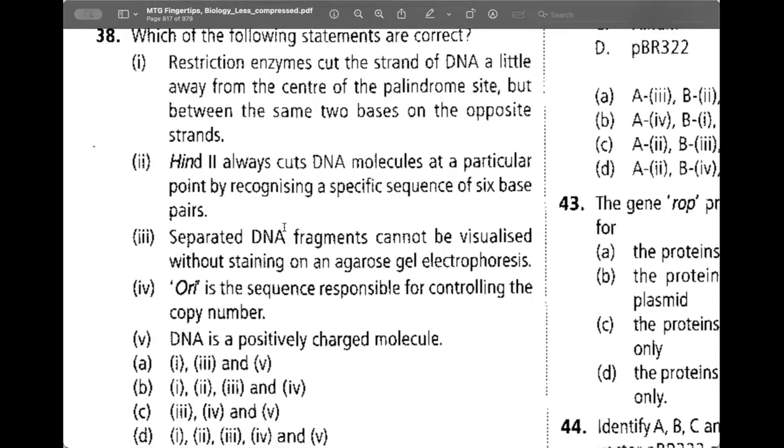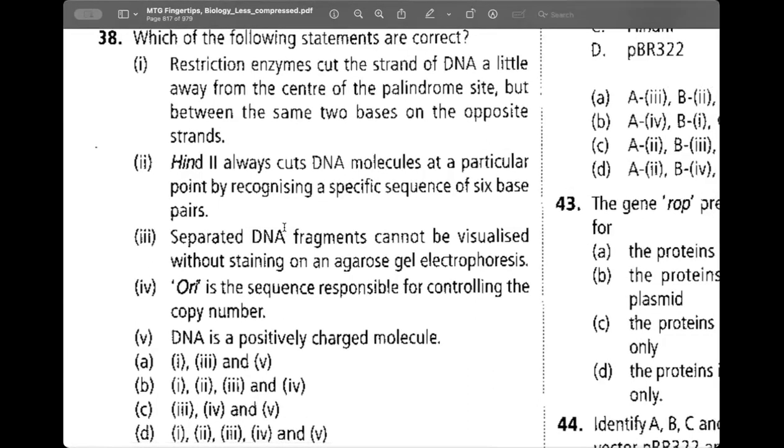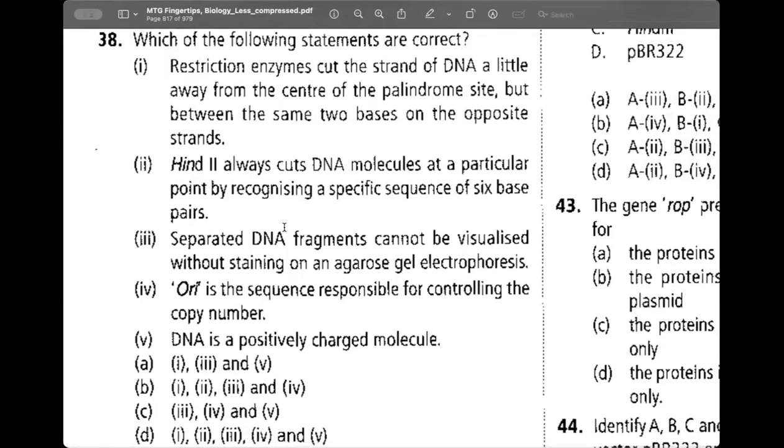So expect these kinds of questions from this chapter, biotechnology, and also from evolution. There also you are introduced to a lot of concepts about evolution, the theory of natural selection, Lamarckism, Darwinian theory, etc. They will just write some sentences and then ask whether they are correct or incorrect.